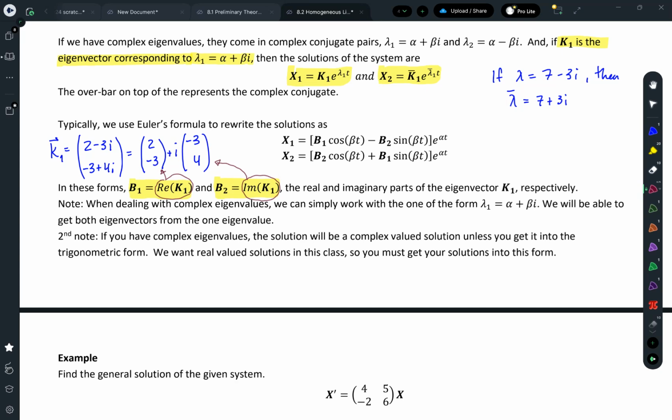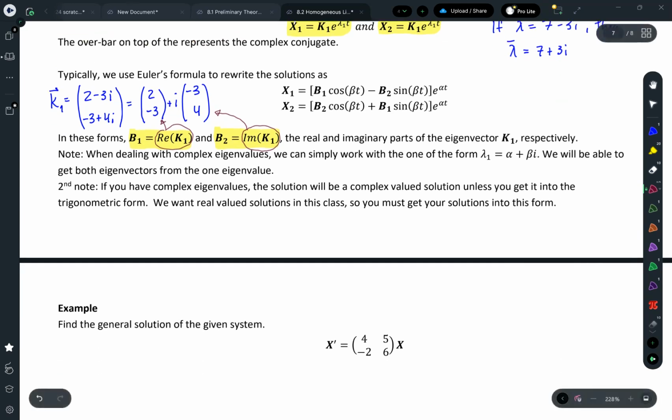In the x2 solution, things switch a little bit. We get the e to the alpha t outside the brackets still, but inside we have b2, the real part of k1, times cosine of beta t, plus b1, the real part of k1, times sine of beta t. I think I said that wrong. I said that b2 was the real part. It's the imaginary part of k1.